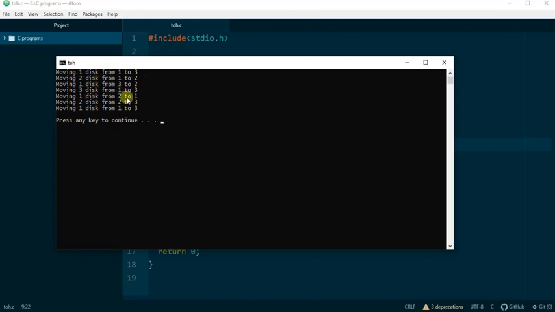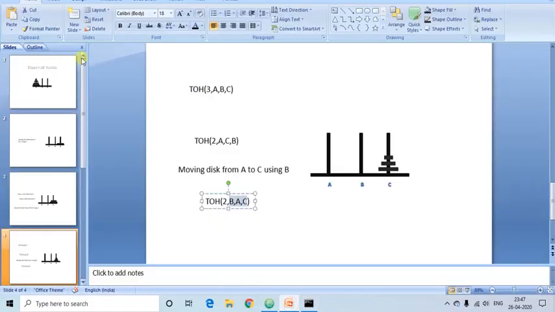First it moves one disk, then 2 disks from 1 to 2. Now let's view this, so we can use this algorithm in our application also.